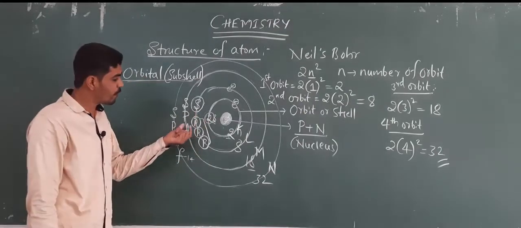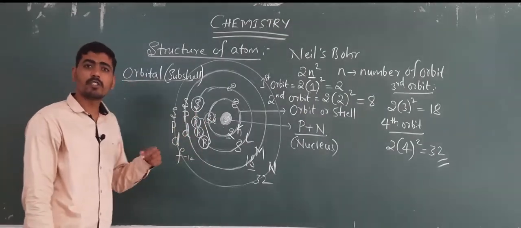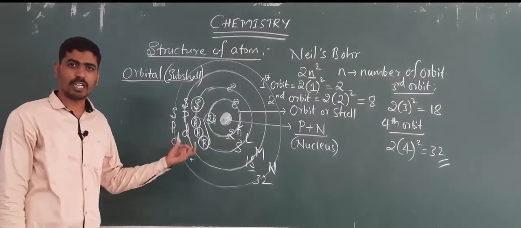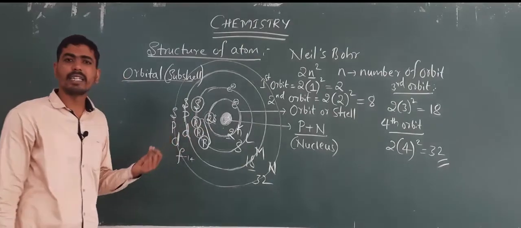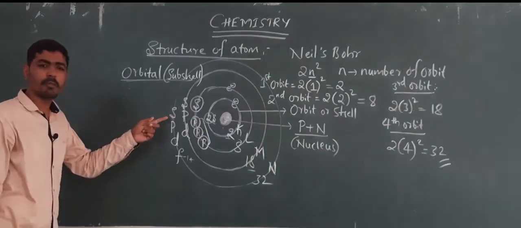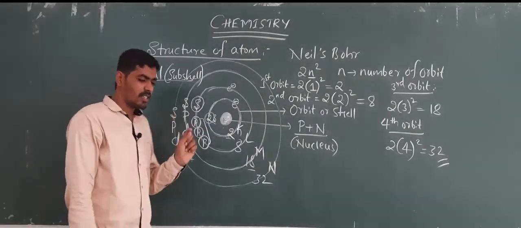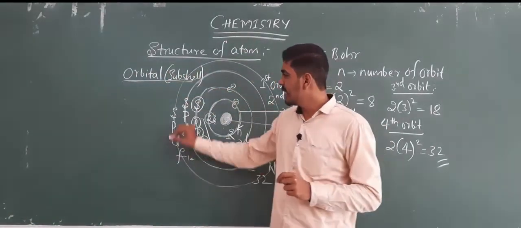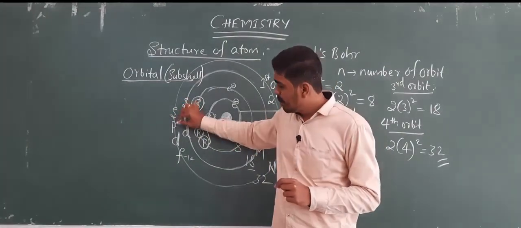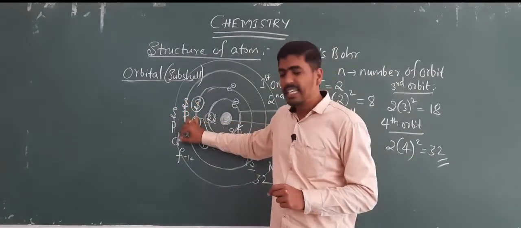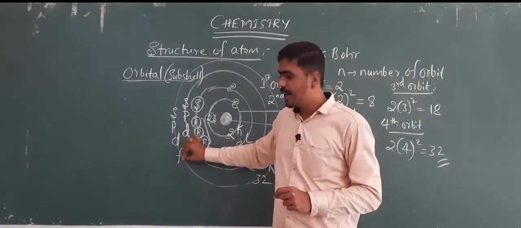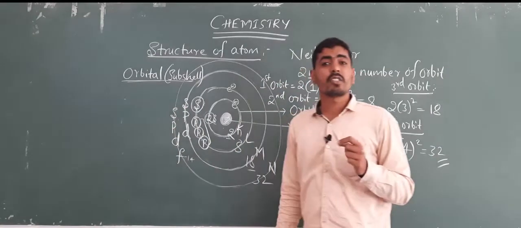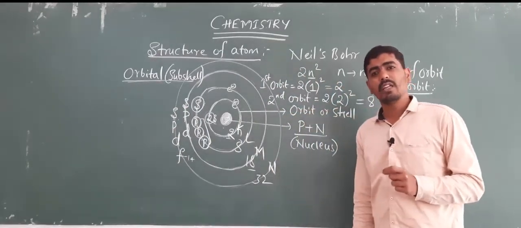So these are the different subshells which you can find at different orbits or shells. S, p, d, f. Here s is a spectroscopic term that indicates sharp, p means principal, d means diffuse, and f means fundamental. So these are the spectroscopic terms that we will use here.